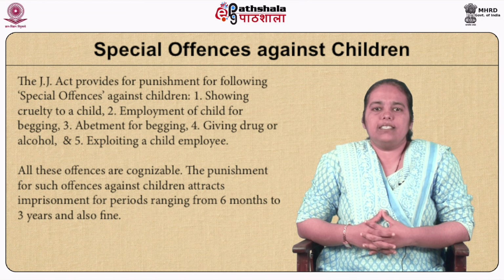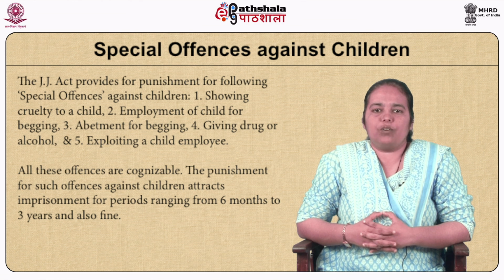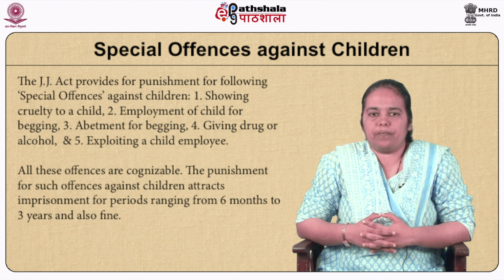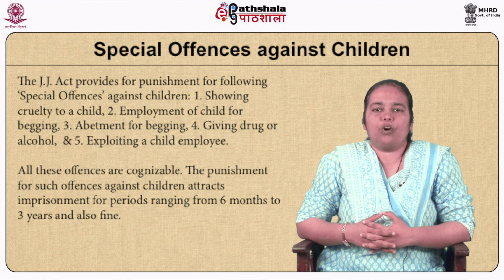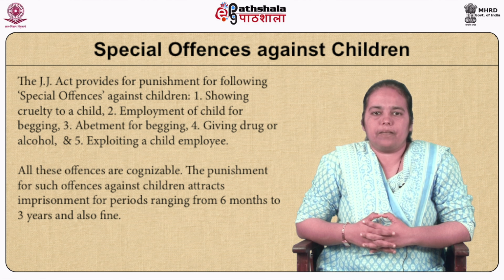Special offences against children. Sections 23 to 26 of the J.J. Act provide for punishment for special offences against children. The following are offences under this category. First, showing cruelty to a child. Second, employment of child for begging. Third, abetment for begging.